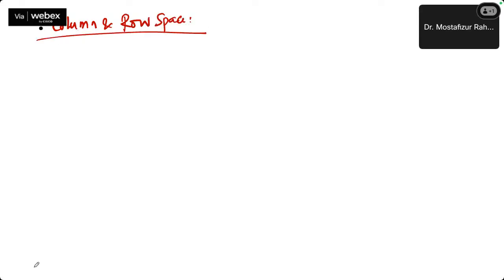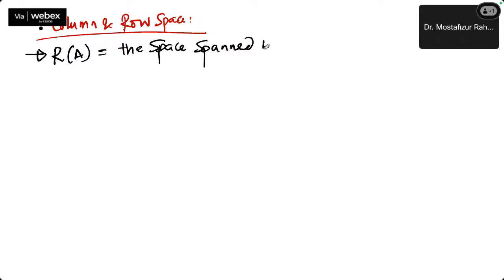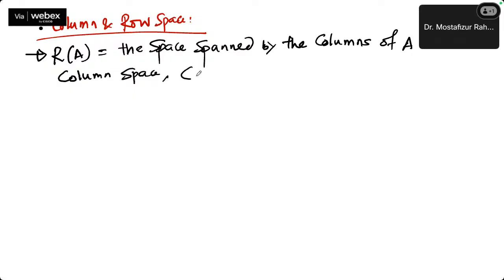R(A) is called the space spanned by the columns of A. That's why it's called the column space, also written as C(A).